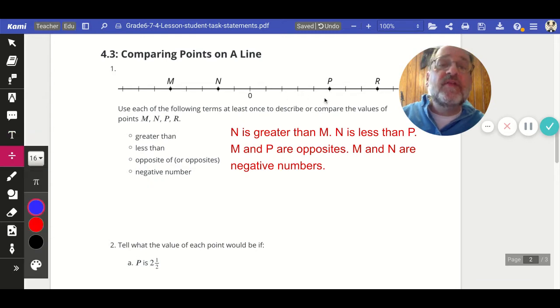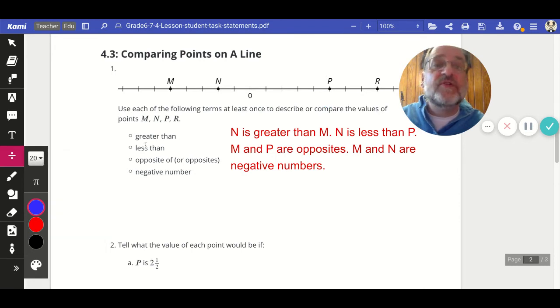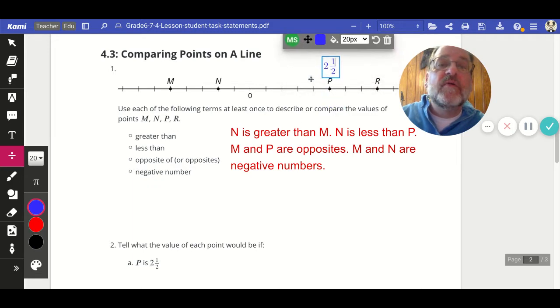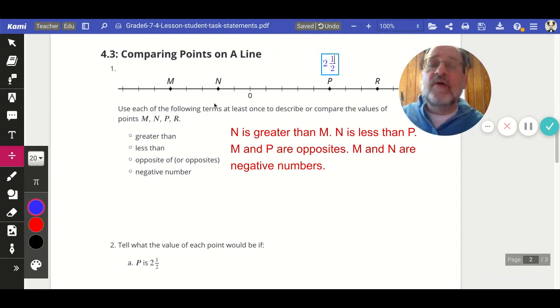So if I put here that this is 2.5, let's make that a little bit larger so you can see it well. When I do mixed numbers, I usually type the fraction first and then move my cursor up. That's 2.5. What are all the other numbers? Well, let's take a look at how we are counting.